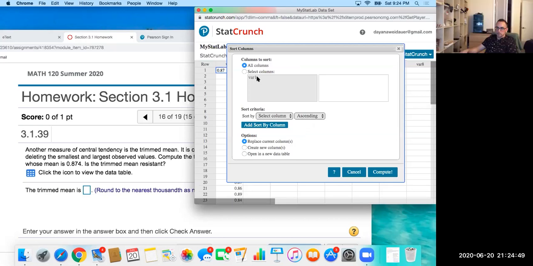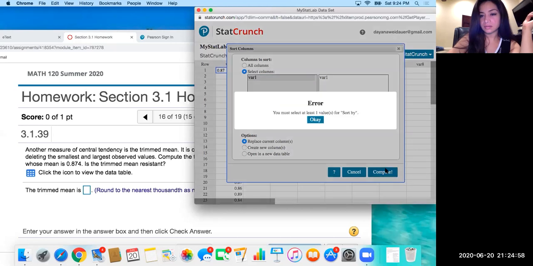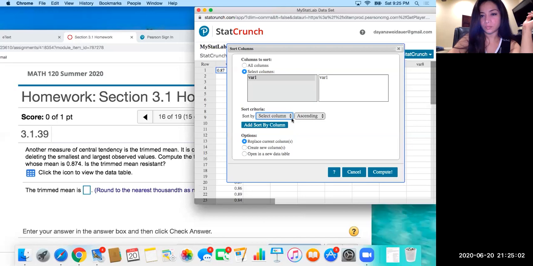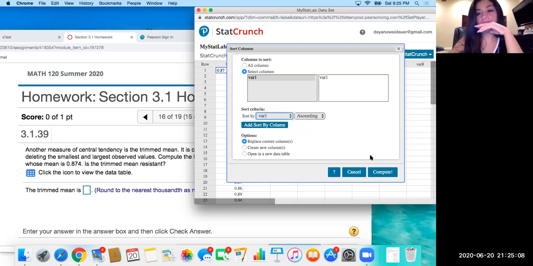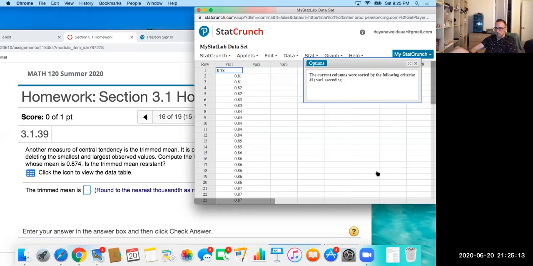Just click variable 1. Just press compute. You gotta select a column. Go to select column and click. There you go. Now it's in order.